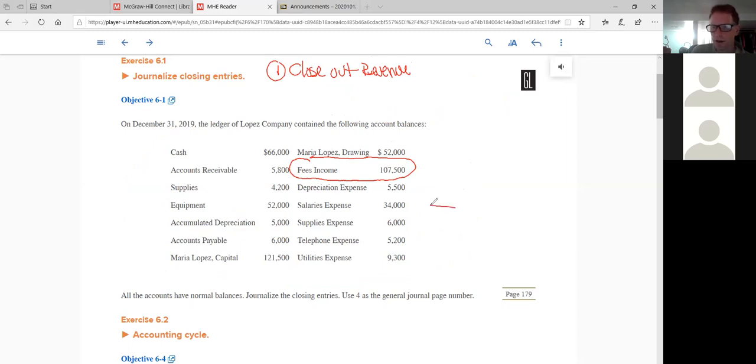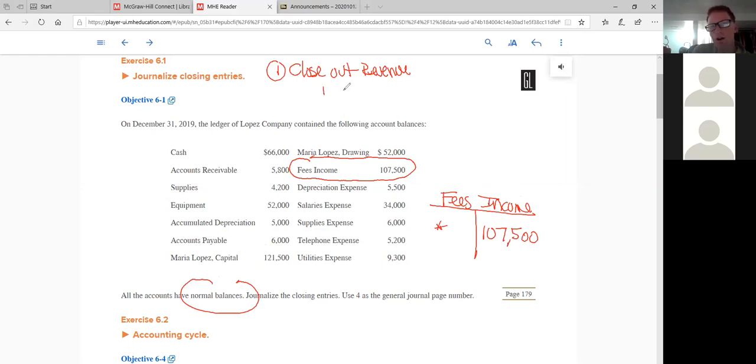So just to illustrate here, if you would go to fees income in our ledger and it has a normal balance, that means it would have a credit balance of 107,500. And so if we want to make this account go to 0, we would have to debit it by the same amount. So the way we would do this is we would debit.